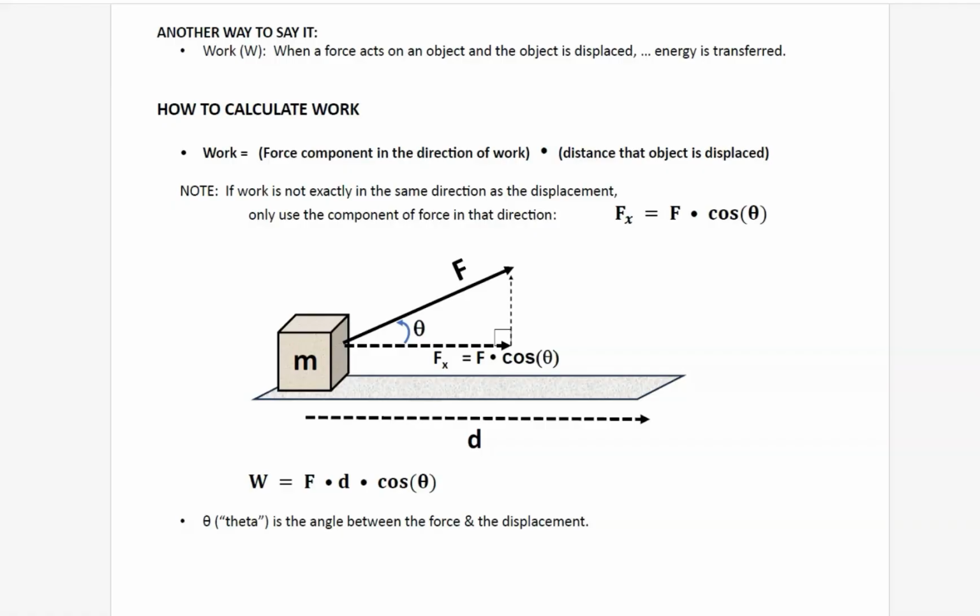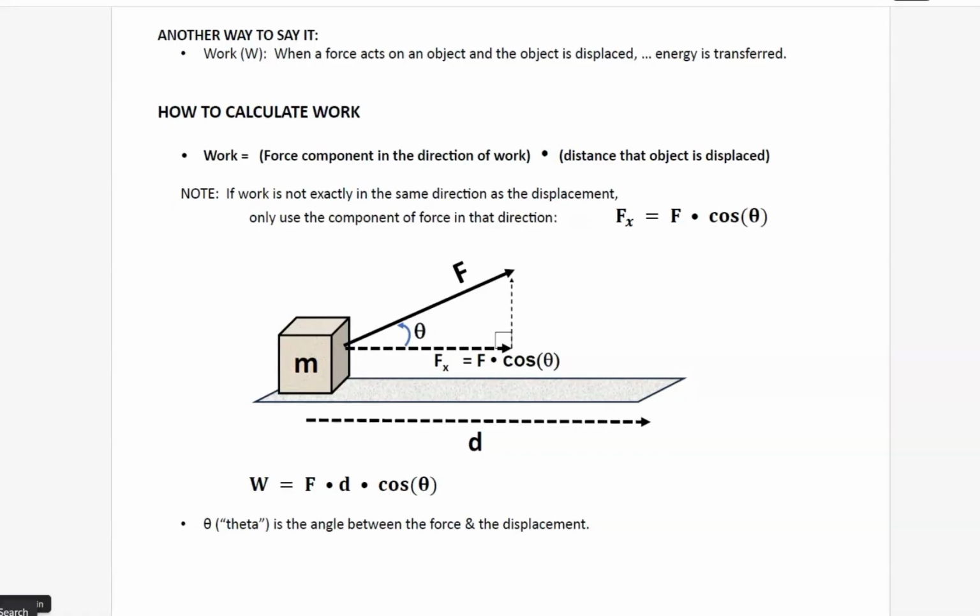Even if the force is not pointing in exactly the same way that the object is moving, we have to figure out just the force component that's in the same direction as movement. Then you multiply that force times the distance the object is actually displaced, in other words, the displacement.